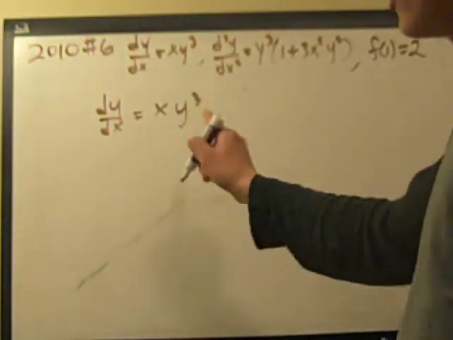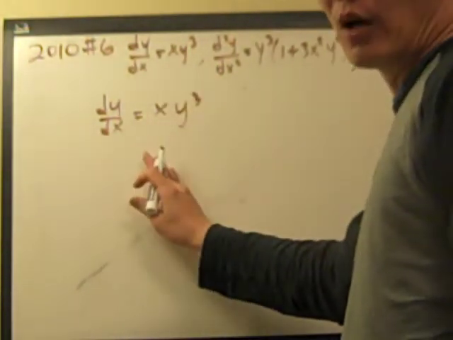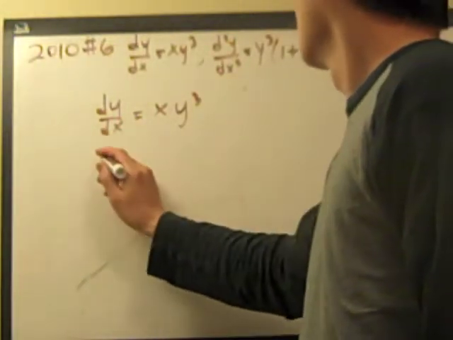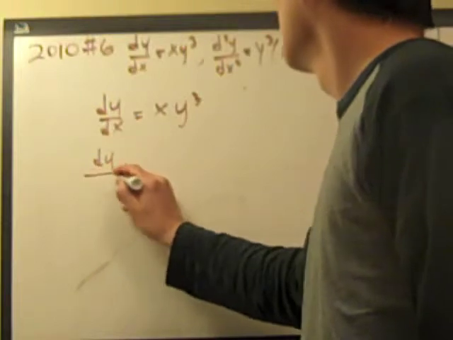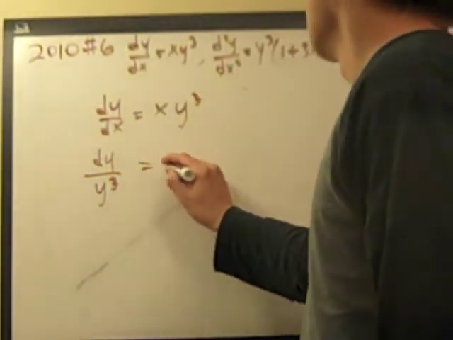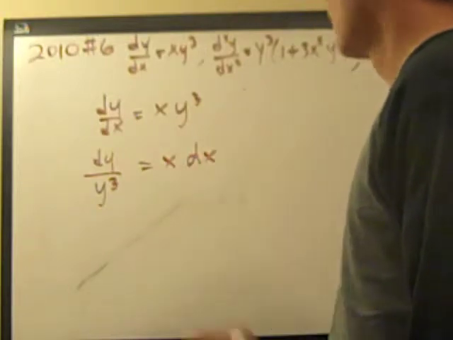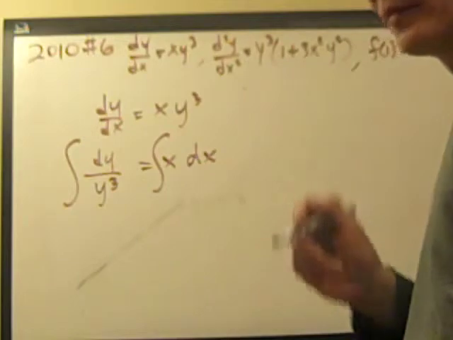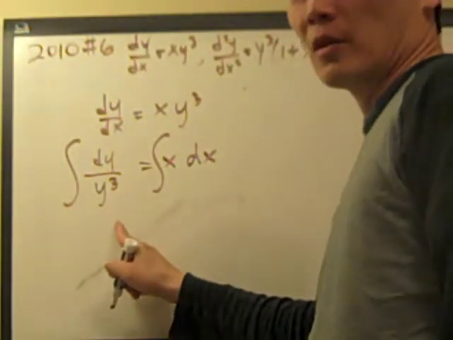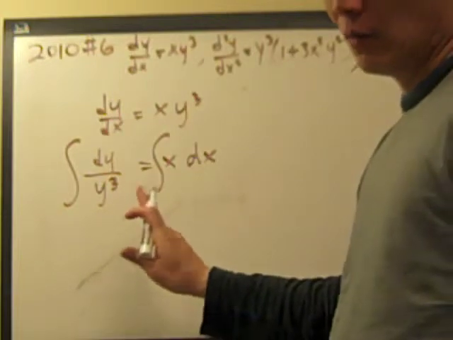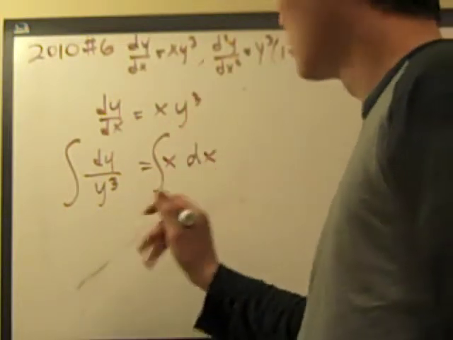Well, we know that the first step of solving this problem is to separate variables. So we put dy over y cubed down here, and we get x times dx. And we integrate on both sides. And this one, don't be tempted to solve this as ln y cubed, because it's not.